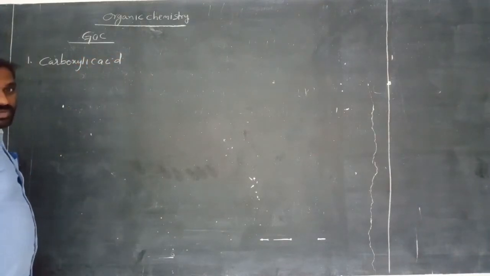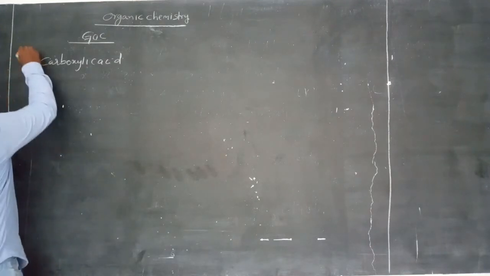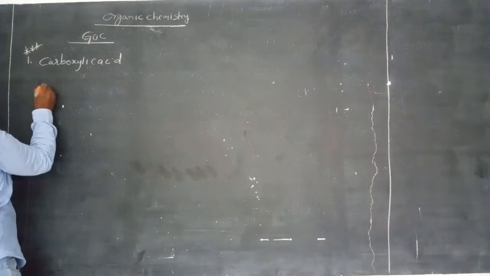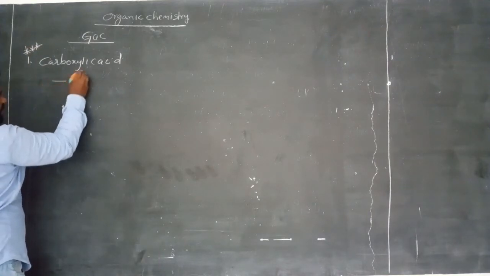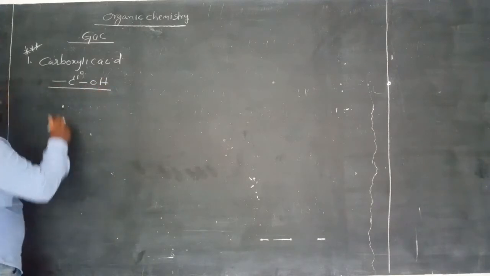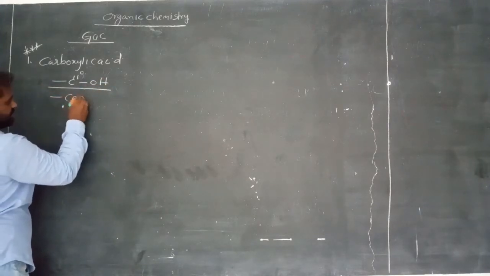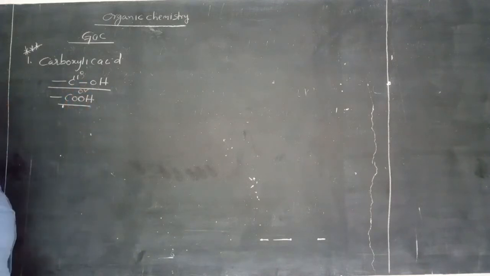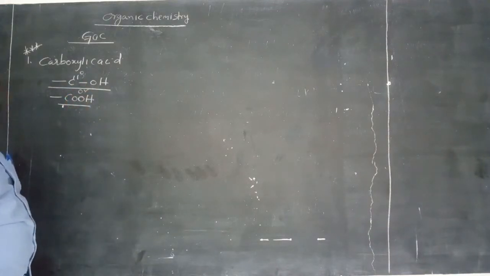Carboxylic acid is also one of the important functional groups. What is the structure of the carboxylic acid group here? C double bond O, OH. You can also simply write it as COOH. Both are the same. This is the carboxylic acid group.